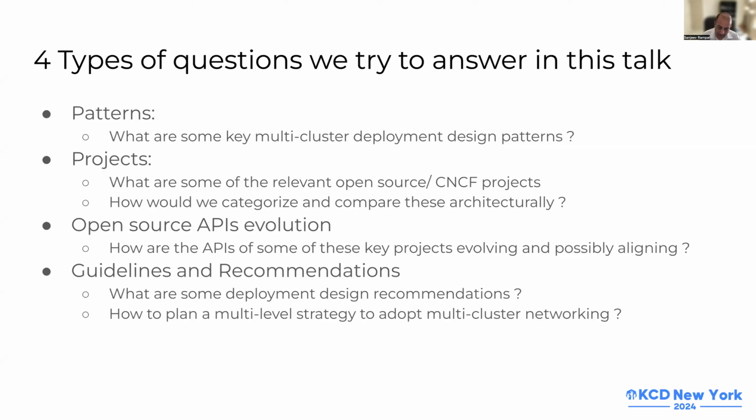How are these upstream APIs of these different projects related to each other? Maybe evolving, partially aligning. And guidelines and recommendations, and maybe more as we have future talks. But in today's portion, we'll cover maybe the first two, and then we'll go from there.